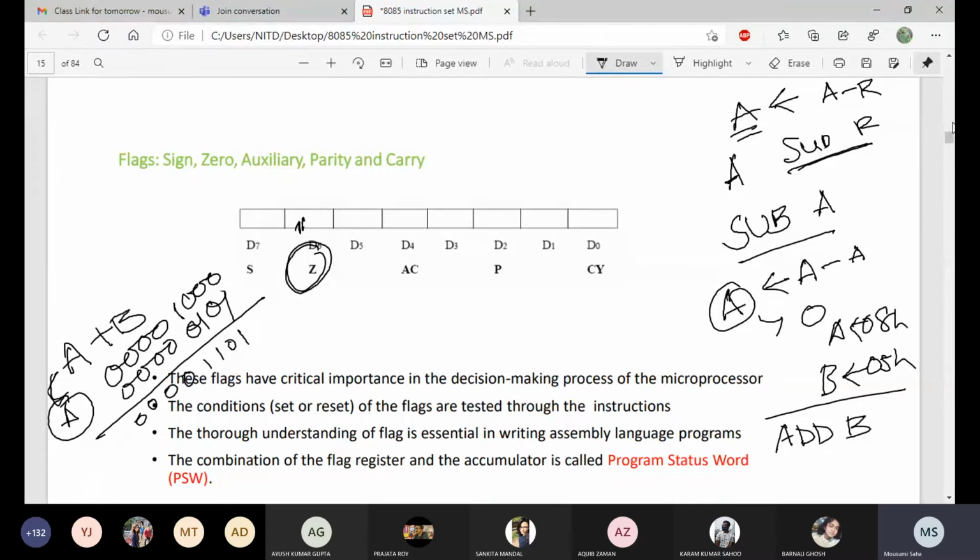10110000. Now see that the first flag is the sign. The sign flag always considers the D7 bit. If you consider this the D0 bit, this is the D7 bit. Whatever the content of D7, it will be stored here. After the operation, it checks the result, and whatever the D7 bit is, that will be used as the sign bit.